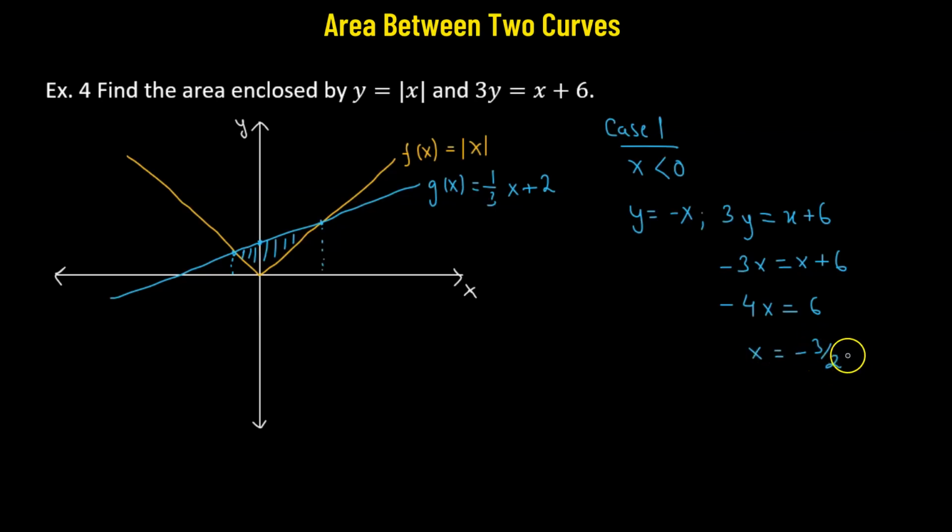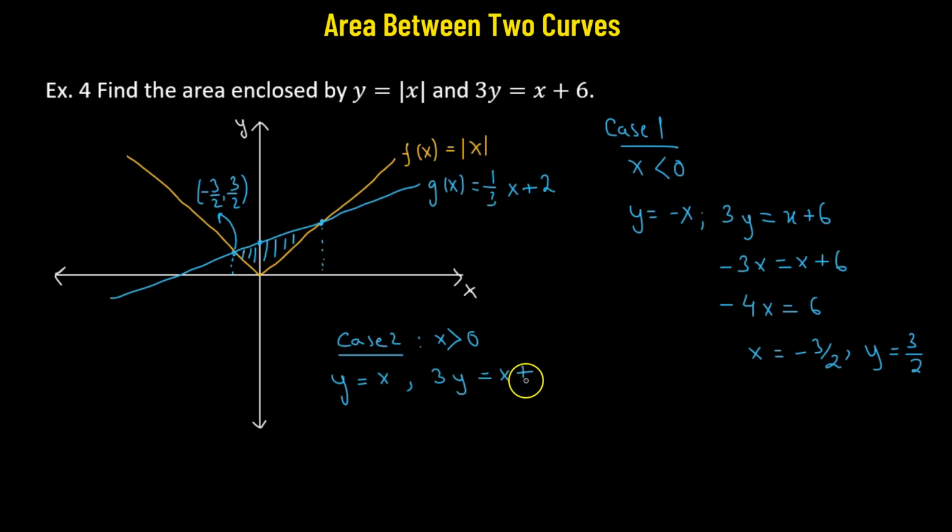So when x is equal to negative 3 over 2, our value of y will be the negative of negative 3 over 2, so that's positive 3 over 2. The coordinate of this point is negative 3 over 2, comma 3 over 2. Now let's talk about this point. For this, we will be considering case number 2, when the value of x is greater than 0. In that case, y will be equal to x and 3y will be equal to x plus 6.